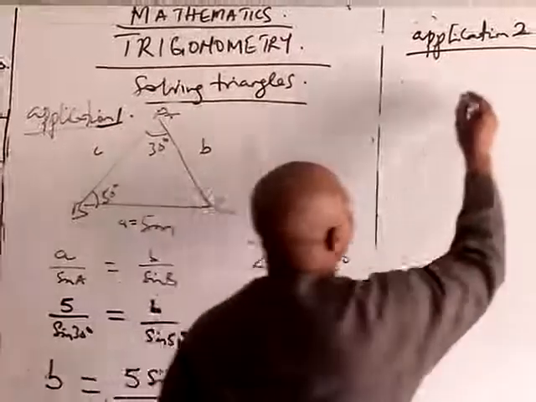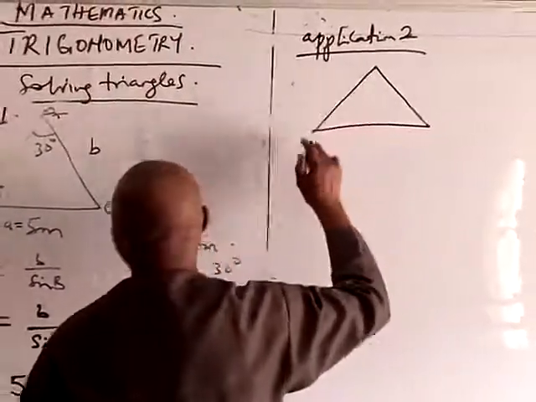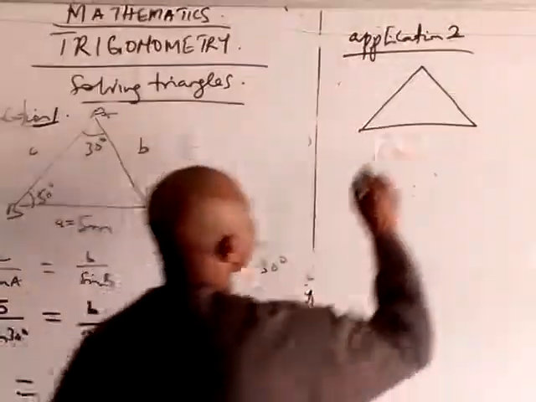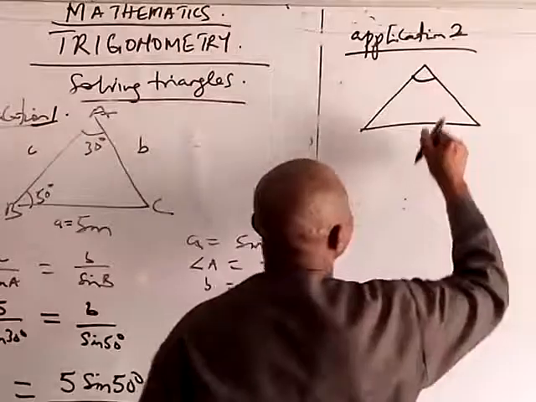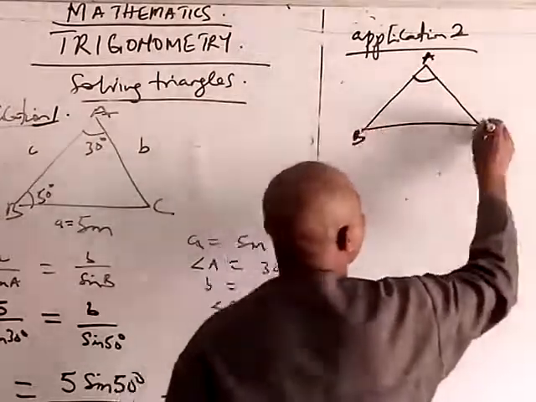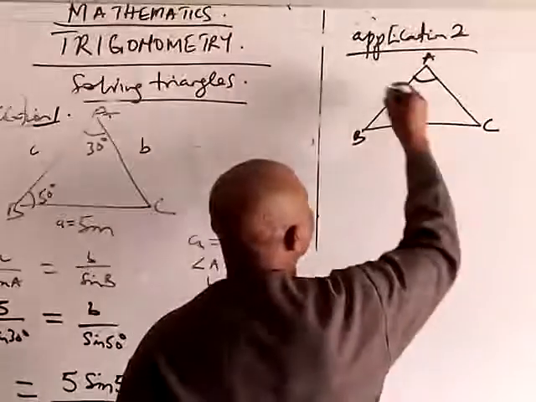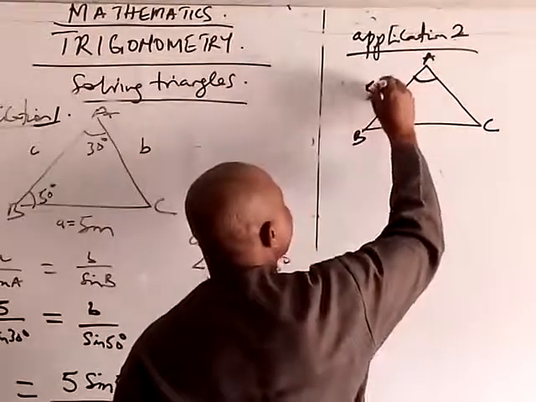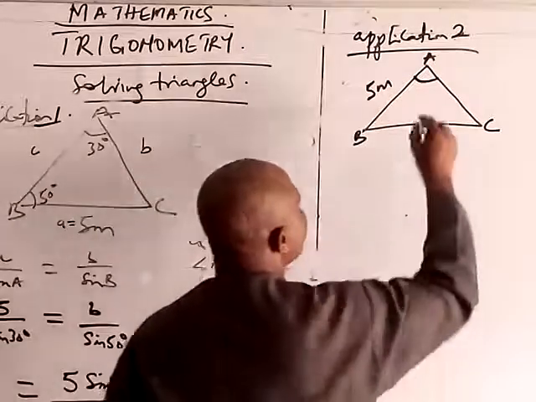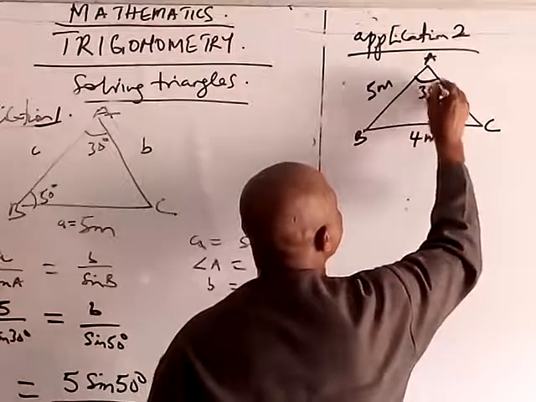But I want to give 2 sides now. 2 sides with 1 angle. A, B, and C. Then you have this to be 5 meter, this one 4 meter, and this one 30 degrees.